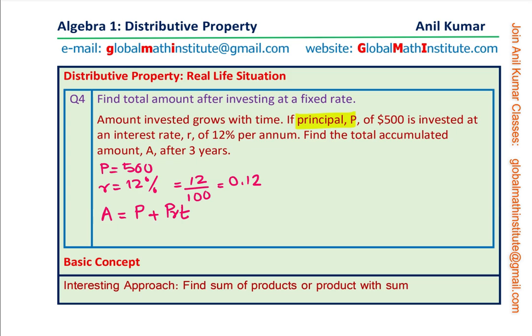Now the beauty of this formula is that I could rearrange it, as we are talking about the distributive property. It is the sum of two things, P and PRT. So why not just write P as common and we get P(1 plus RT)? Makes sense. Both are the same thing.